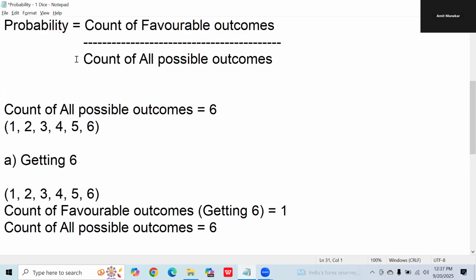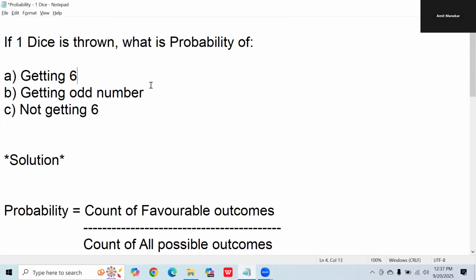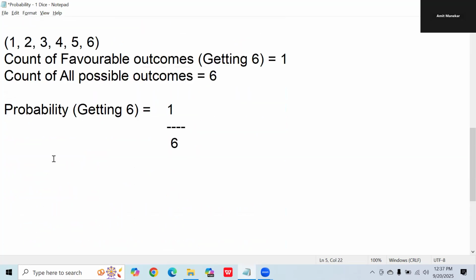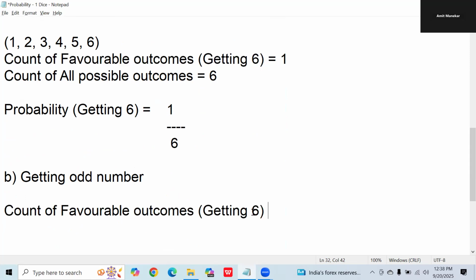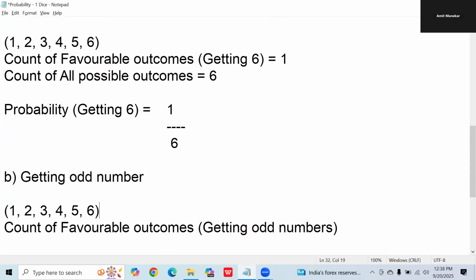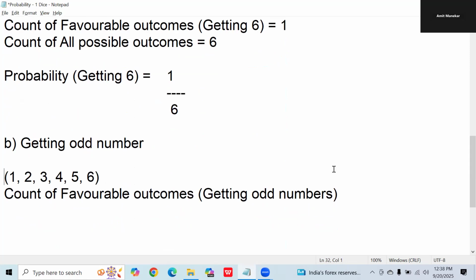Let's try to solve the next part of the problem, getting an odd number. Similarly, we will first find the count of favorable outcomes for getting odd numbers. Let's note down all the possible outcomes first. So we have 1, 2, 3, 4, 5, 6.